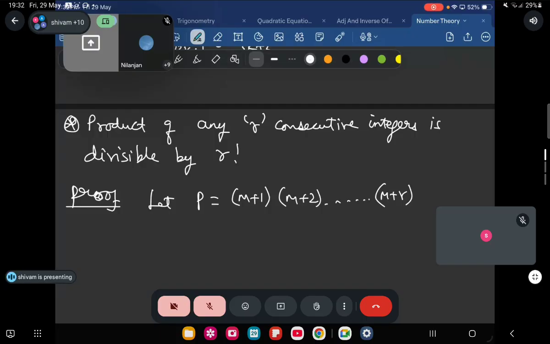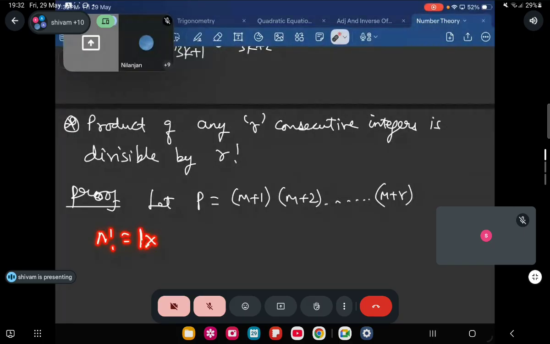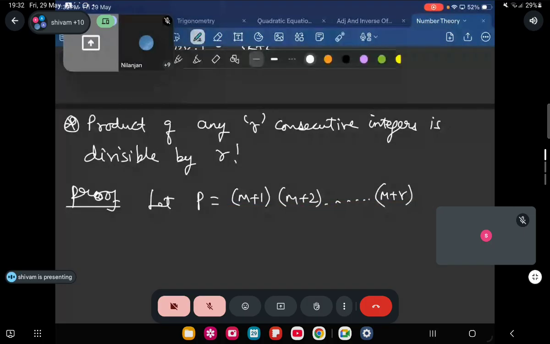So over here, let us multiply numbers in order to complete the factorial. Now, whenever you are talking about n factorial, it always starts with 1, right, everyone? But over here, is it starting with 1? No, it is starting with m plus 1. So what I'm going to do is multiply certain terms so that it becomes a factorial.